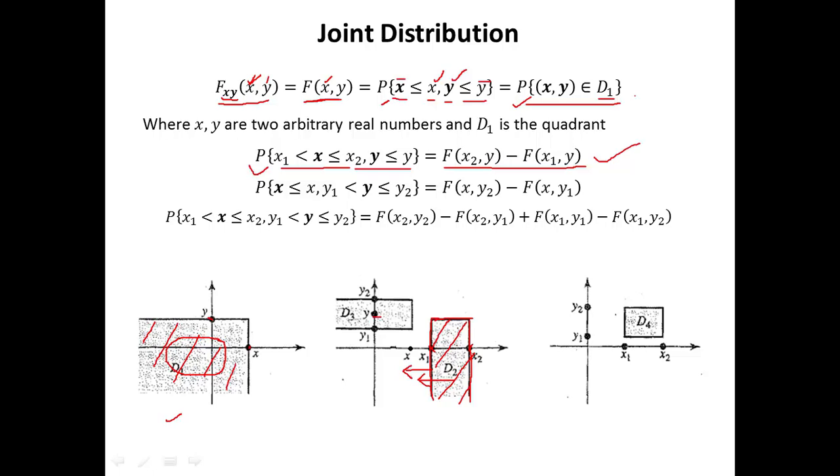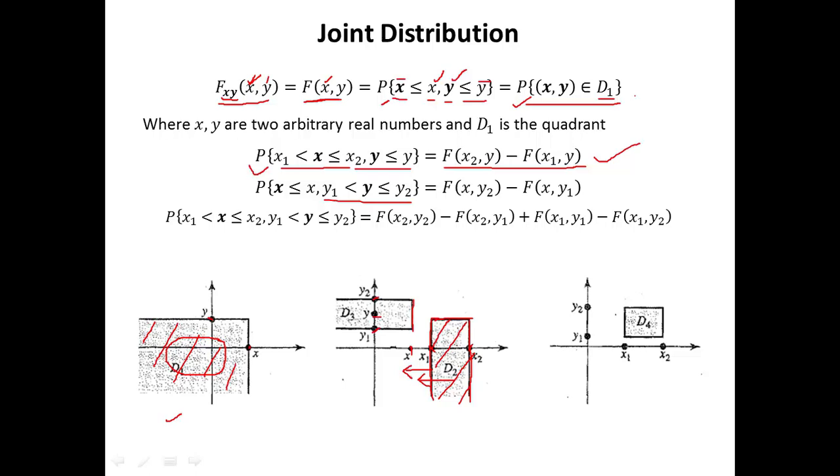Similarly, if we consider the probability that X is less than or equal to x, but Y is allowed to take values between y1 and y2, that by definition becomes F(x, y2) minus F(x, y1). If we consider this point as x, this line corresponds to x, this point is y2, this point is y1.